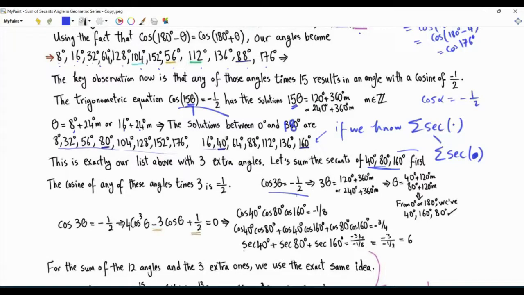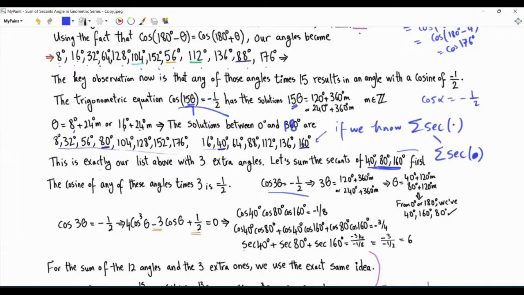The angles between 0 and 180 degrees, we have exactly those three angles satisfying this property and no other angles. So this is very good news. It will allow us to basically obtain sec 40 degrees plus sec 80 degrees plus sec 160 degrees.